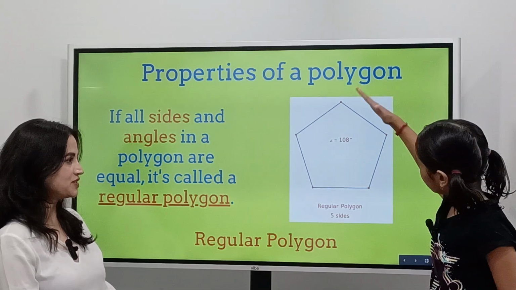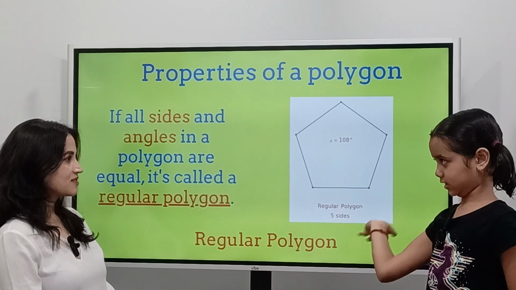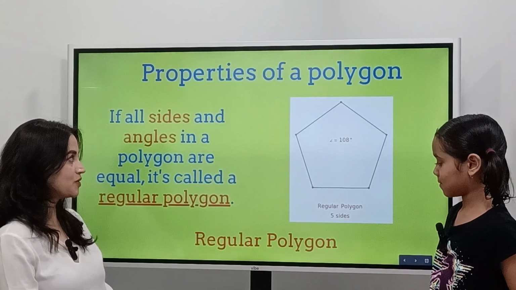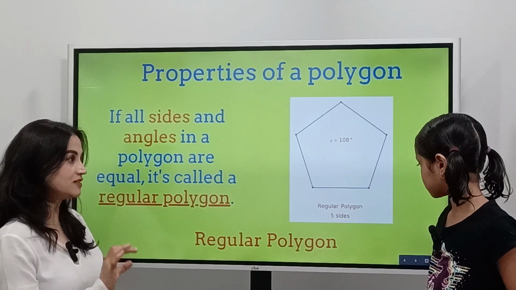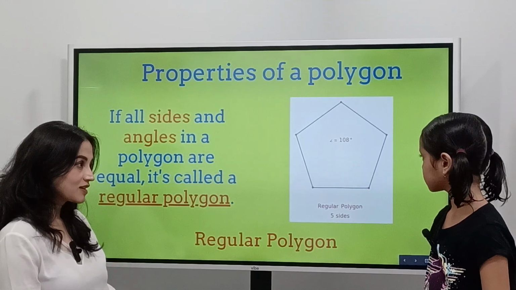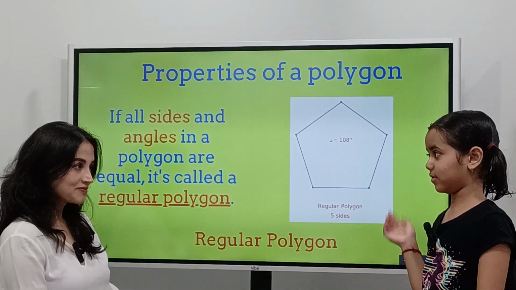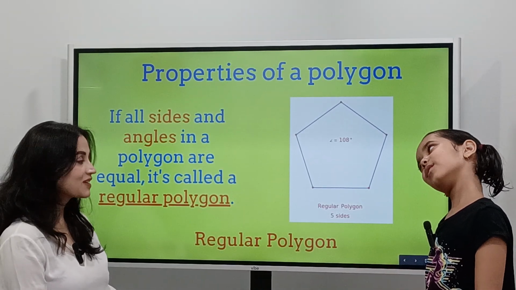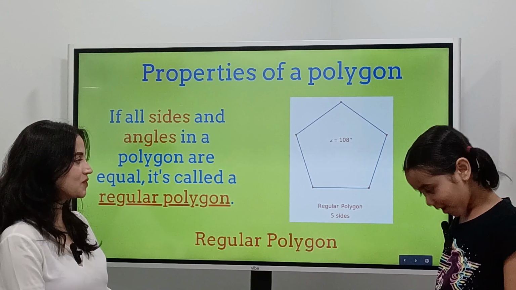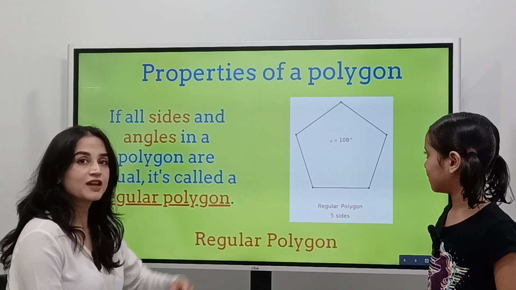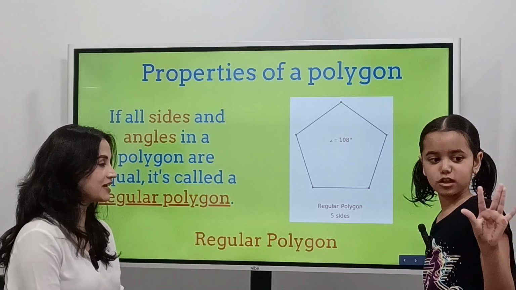If you measure that, it's 108. A polygon which has equal sides and angles is called a regular polygon. In the next one we're gonna do non-regular, but let's focus on this one now. This regular polygon has 5 sides.